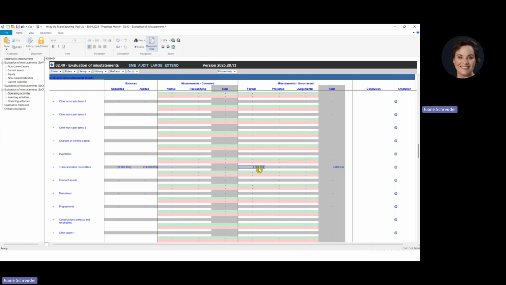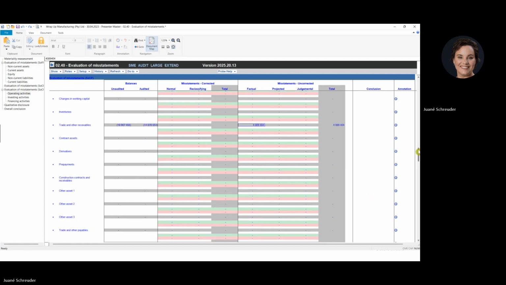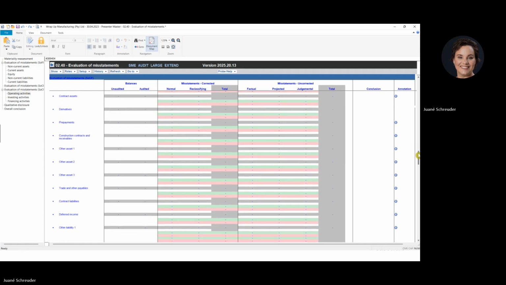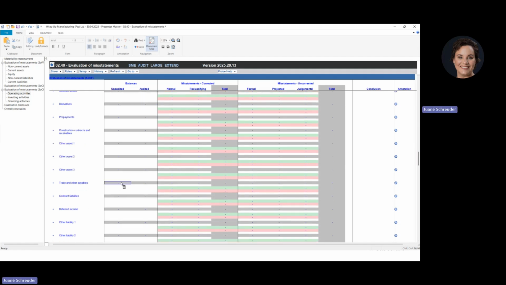It's the other side to it. Why? Because the client had 18 million and it's only 14 million. And then with the trade payables, so that one's coming up still, there the client has 31 million.